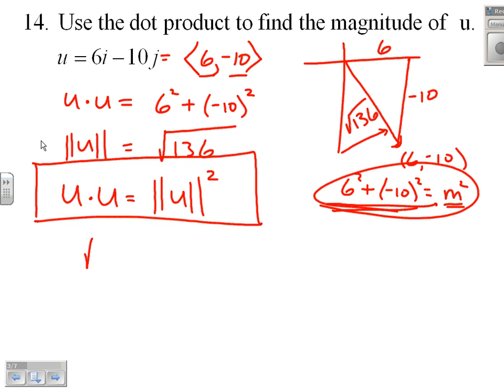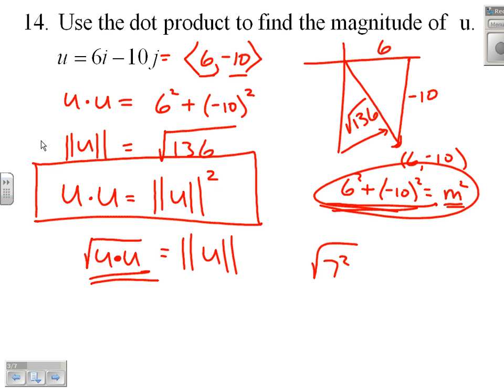Oftentimes we would use this as the square root of u dot u equals the magnitude of u. Be careful here. It's tempting to say that this is just u, but again, dot products, the product of vectors, are not the same as saying the square root of 7 squared. It's a little bit different in vector land. So it's a really nice formula, but basically it is just the Pythagorean theorem.